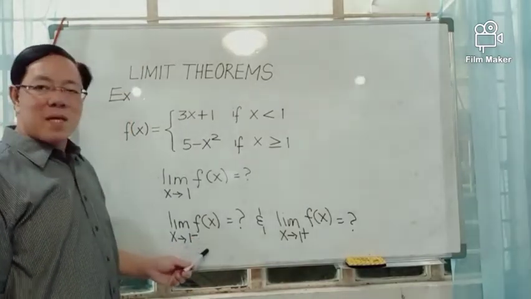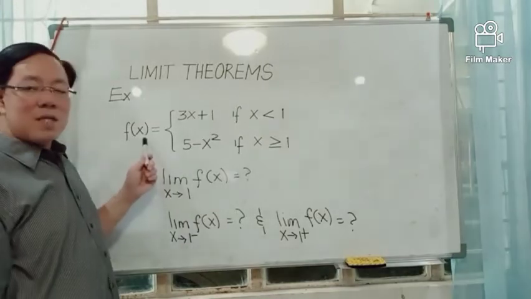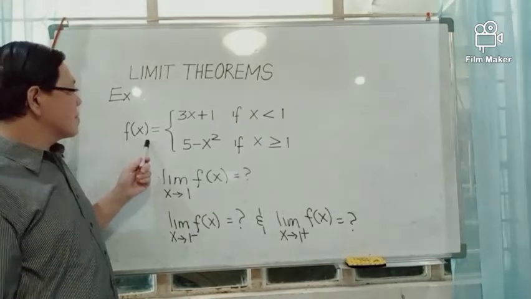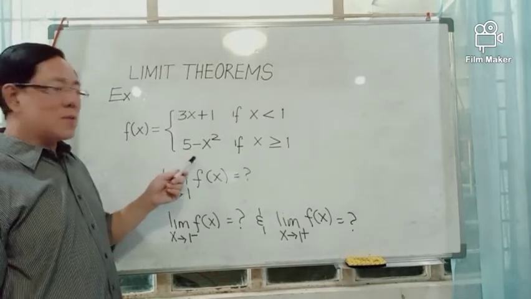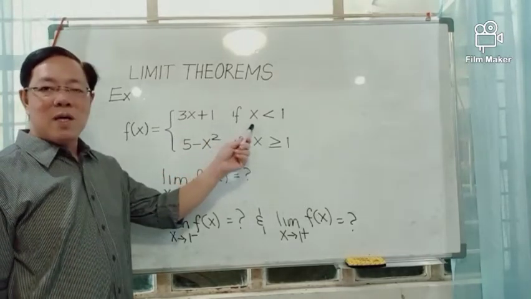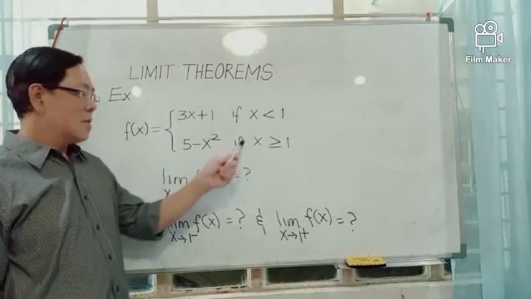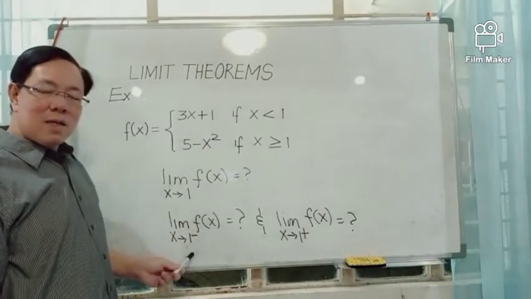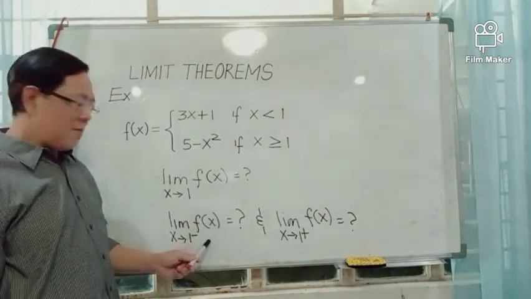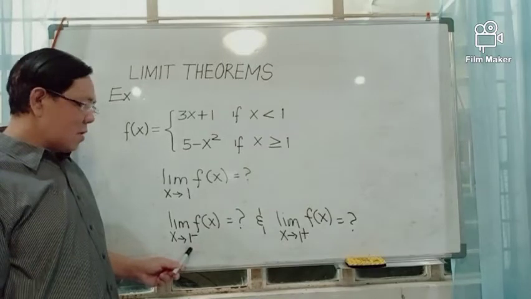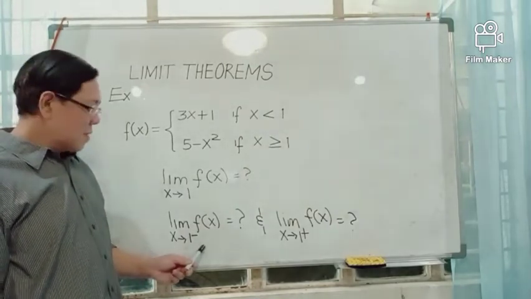And we use this method only when the given function has 2 or more values depending on the value of the independent variable.